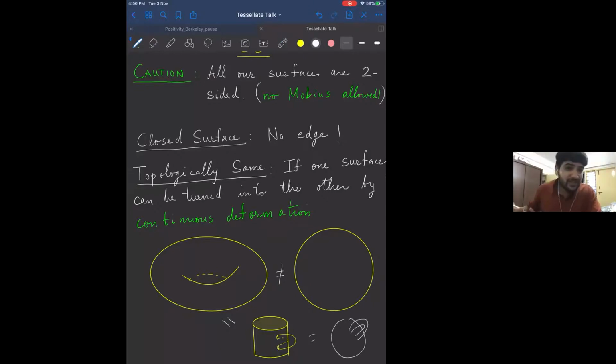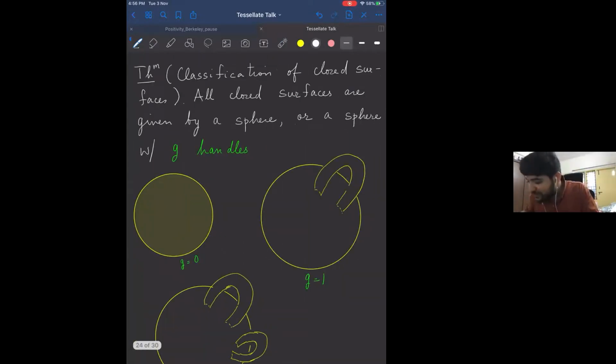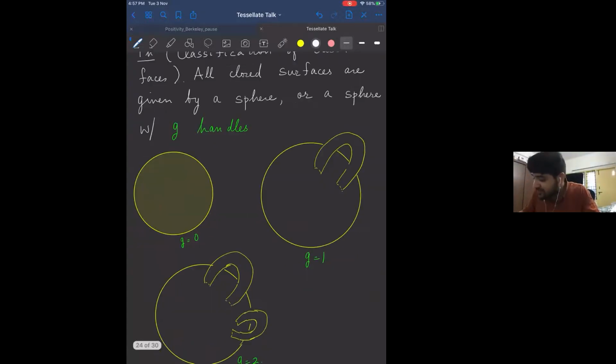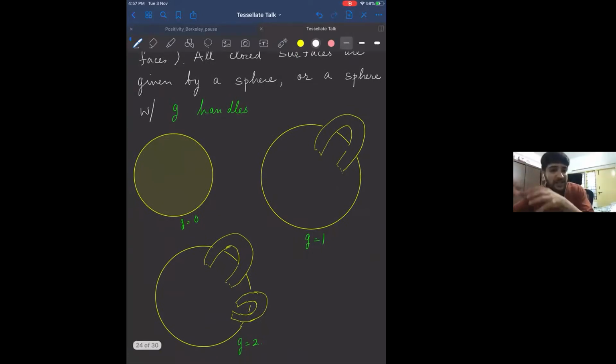In fact, you can think of the cup as basically just a sphere with an additional handle. This turns out to be a very useful perspective. There's a classification of closed surfaces in 3 dimensions: all closed surfaces are basically given by attaching handles to spheres. The number of handles that you add is called the genus, denoted by G. For instance, the donut is a sphere with 1 handle. A 2-hole donut is a sphere with 2 handles, and so on.